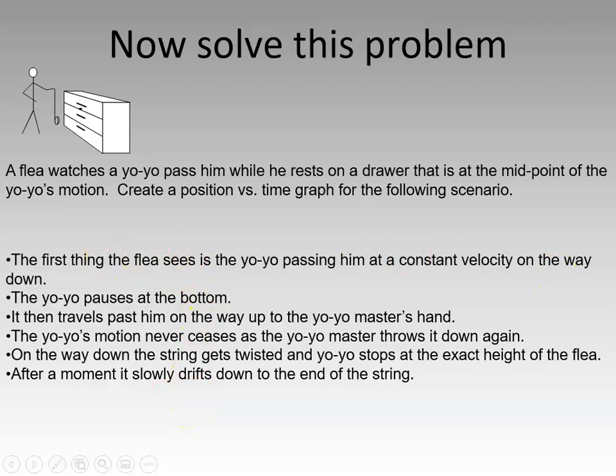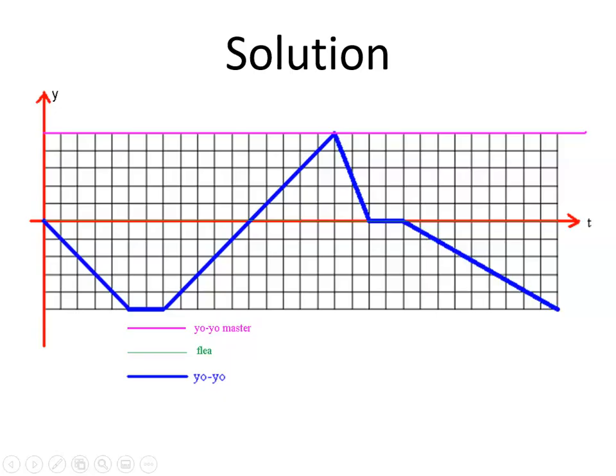So how would we represent this? In this case, I actually was a good physics student, and I labeled my axes. And notice this time I called the vertical axis the y-axis, though the horizontal axis is definitely not the x-axis, it's the time axis. The reason I called the vertical axis the y-axis is because the yo-yo is moving in the vertical direction. So I figured, might as well.